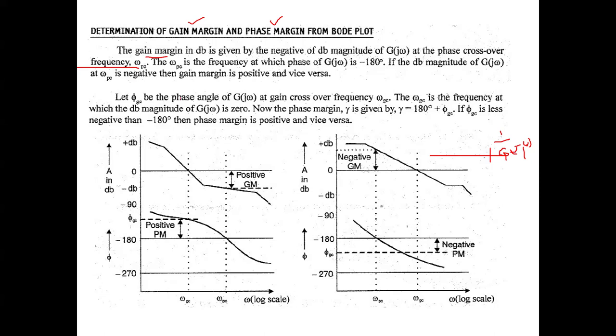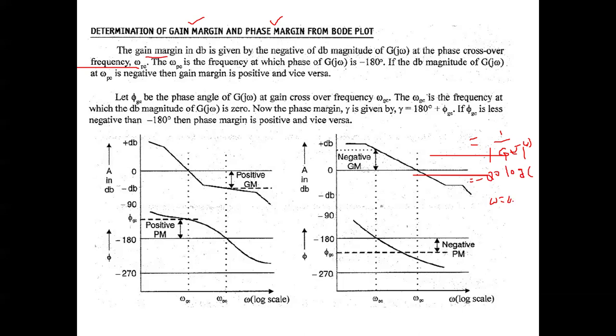Just once again, the gain margin is the reciprocal of the magnitude of the open loop transfer function. Or, in terms of logarithmics, we can write minus 20 log of the magnitude of G of j omega. But at what frequency do you need to take this magnitude? At the frequency omega equal to omega PC.